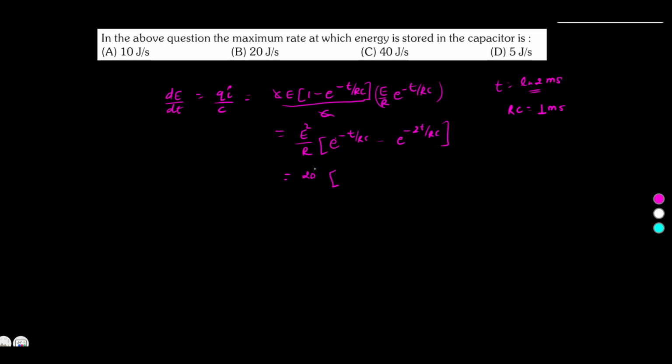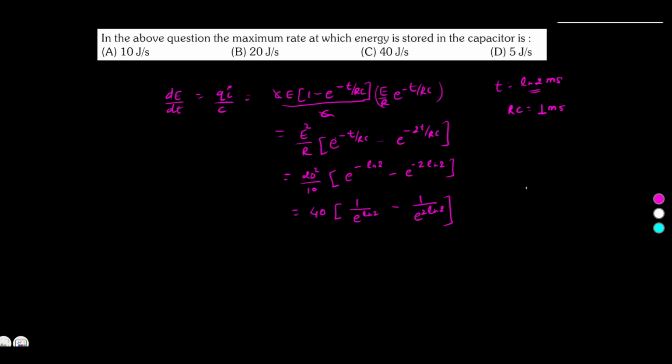So 20 square by 10 times (e raised to the power minus ln 2 minus e raised to the power minus 2 ln 2). So this will become 400 by 10, that is 40, times (1 by e raised to the power ln 2 minus 1 by e raised to the power 2 ln 2).